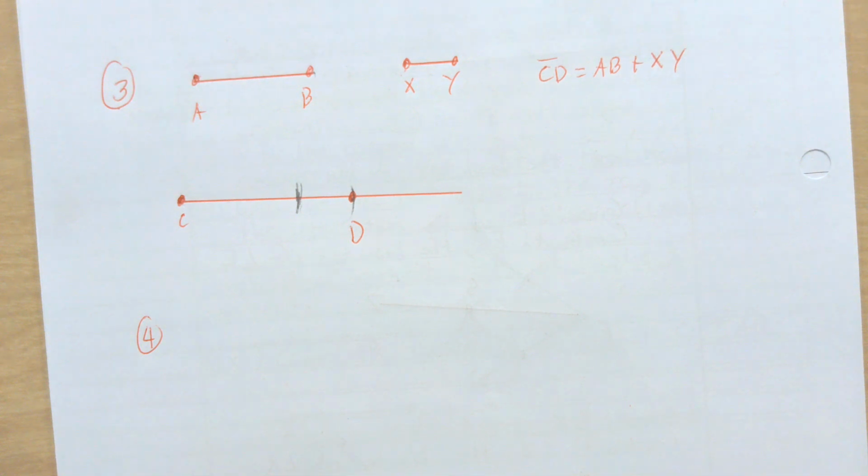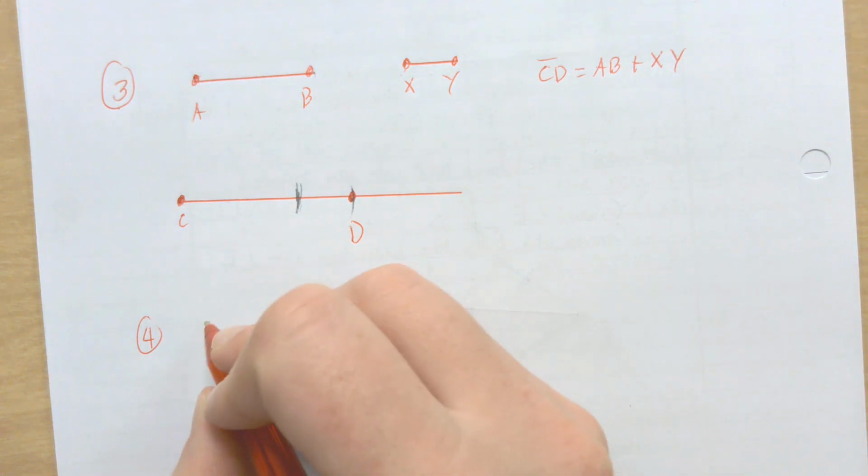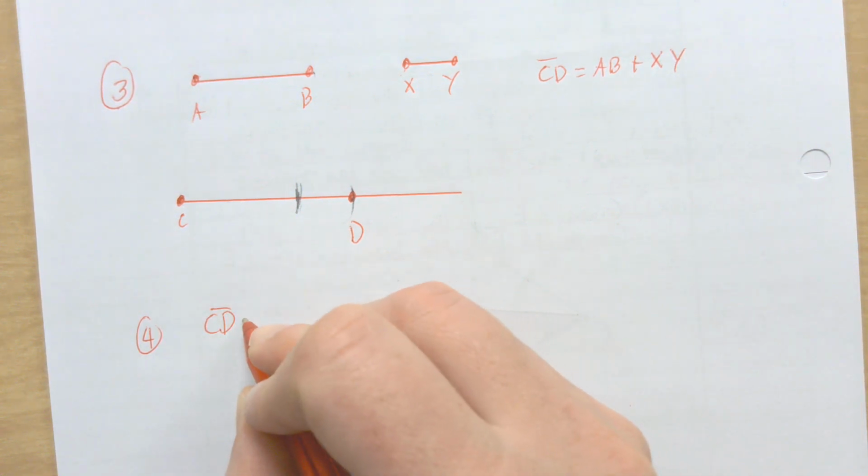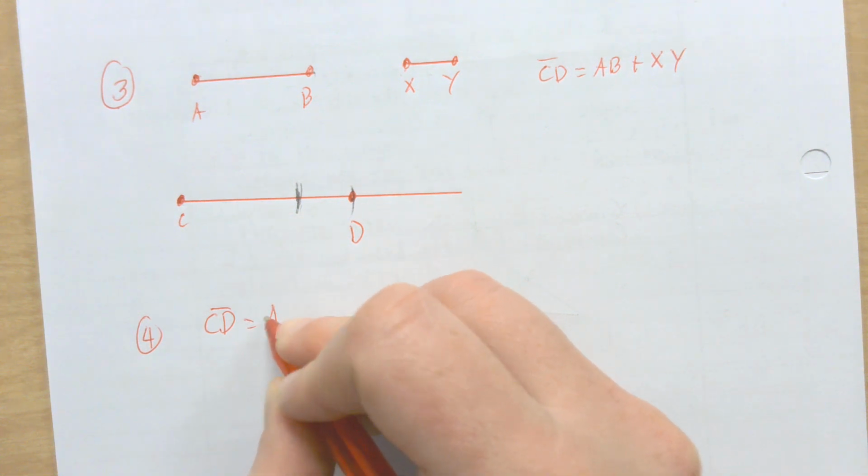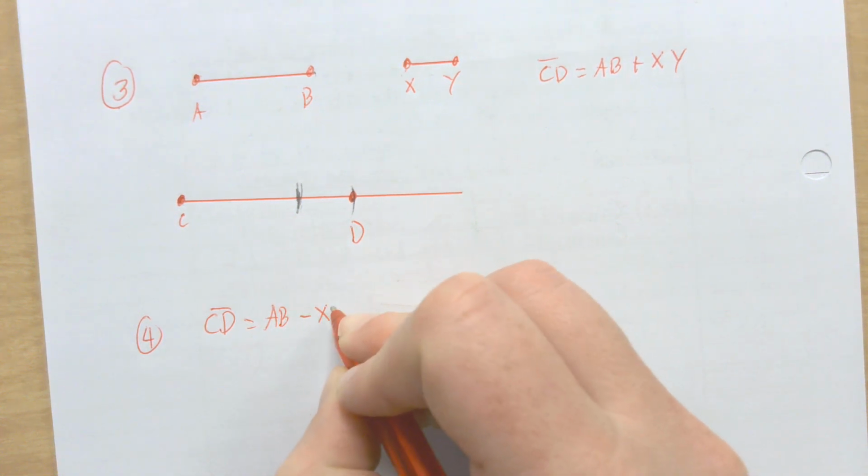Number 4 is a little different because it says, okay, let's construct CD, but this time CD has to be AB minus XY.